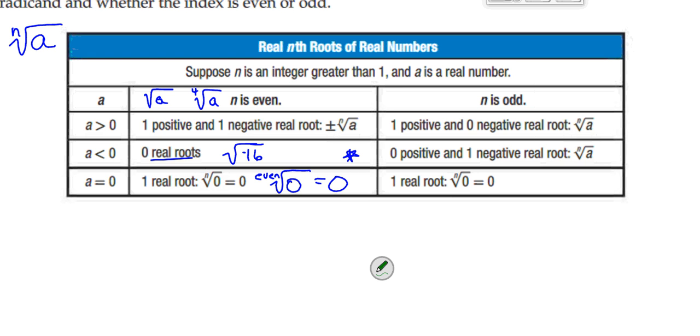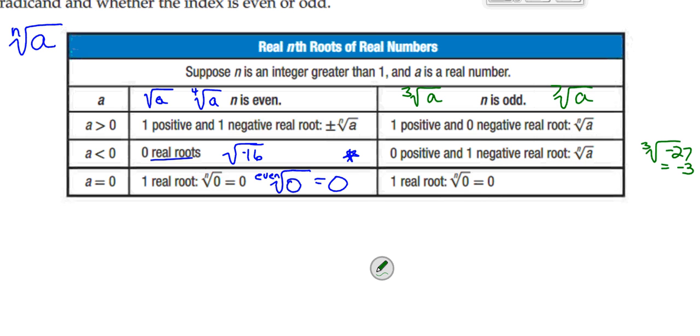So this is maybe the third root of A, or the seventh root of A. And so one positive and one negative real root for this one, and 0 positive and 1 negative real root if A is less than 0. So if it's the cube root of negative 27, then we just get negative 3 for that one.